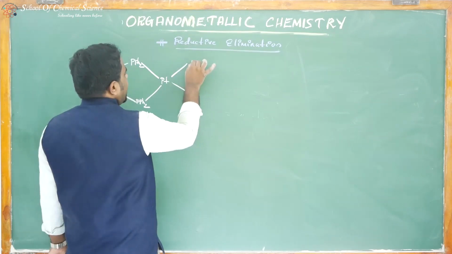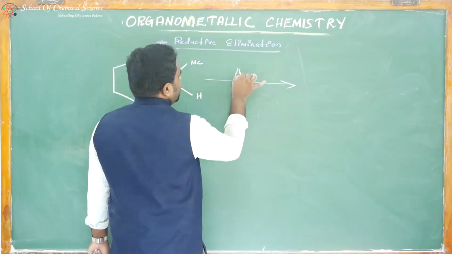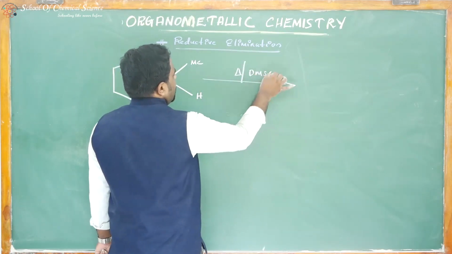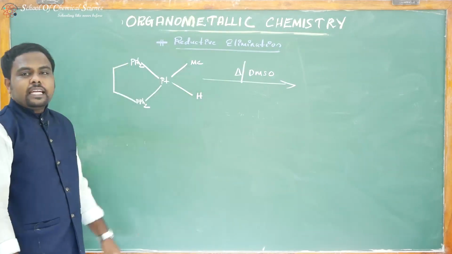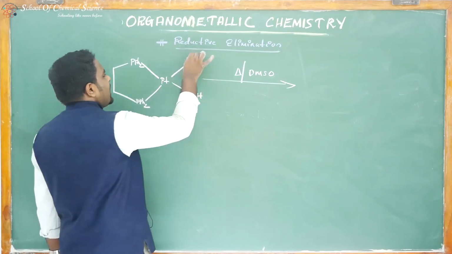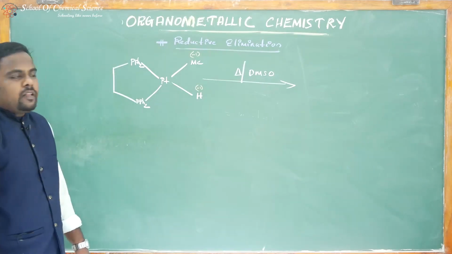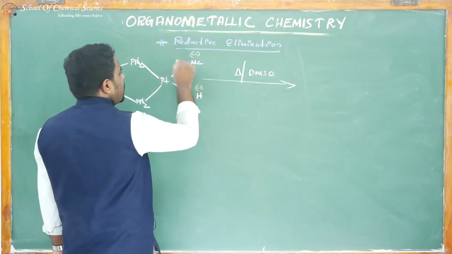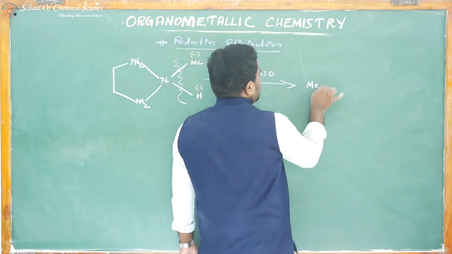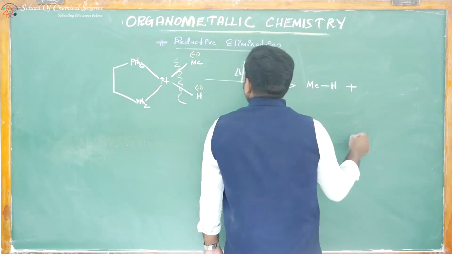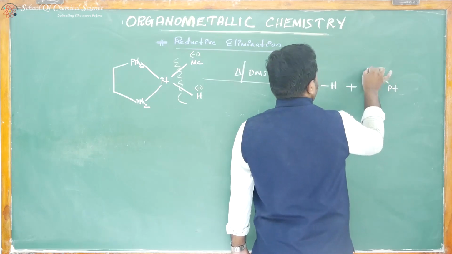Here a methyl group and hydrogen. Heating in the presence of a DMSO type solvent. What is the peculiarity? Here the methyl group and hydrogen are anionic ligands: methyl, charge -1, and hydride, H minus. Only anionic ligands will be eliminated when heating in the presence of a solvent like DMSO. This methyl and hydrogen, methane, is eliminated, plus the Pt(PPh2) complex.